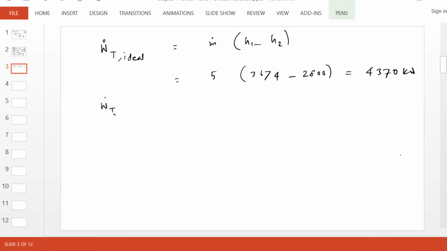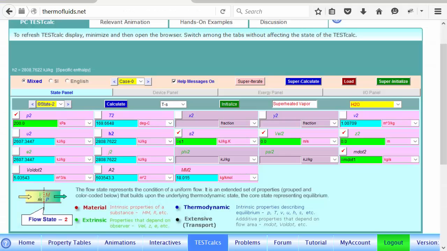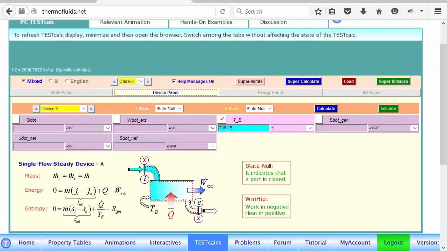So what is ideal from TESTcalc? Let's verify. Go back to TESTcalc, device panel, and state 1 is the inlet and state 2 is the exit. No heat transfer. 4328 is the answer.